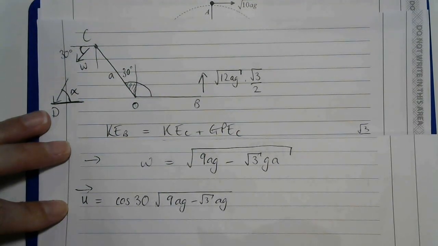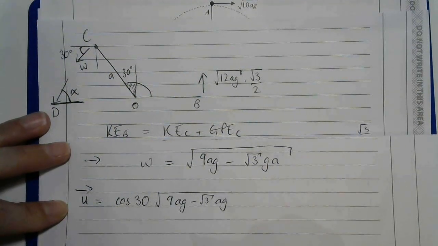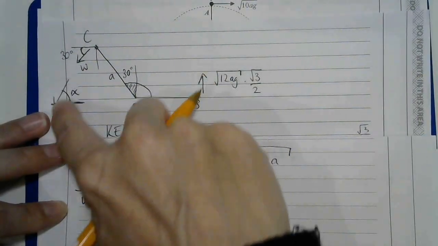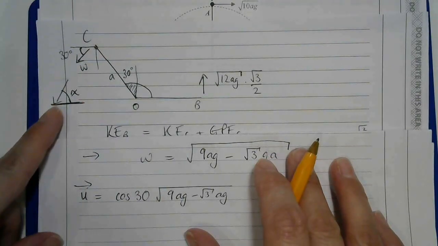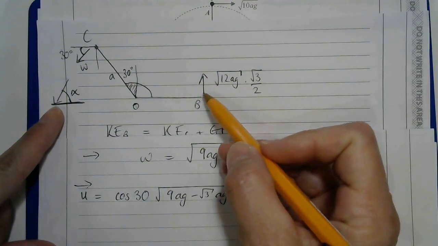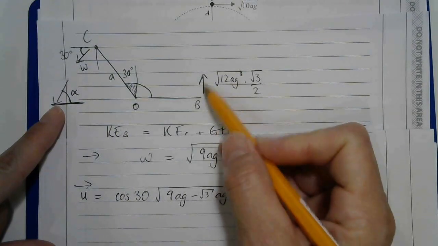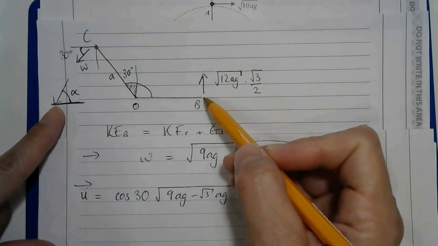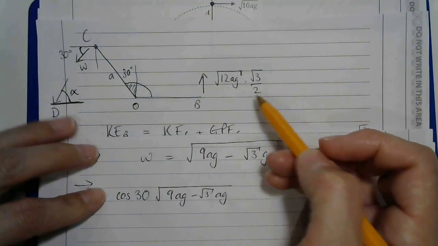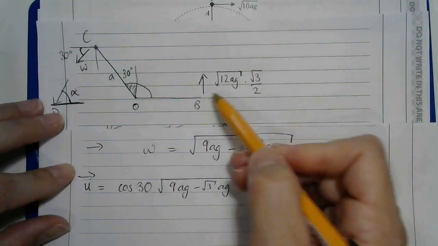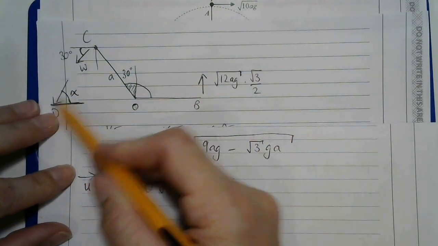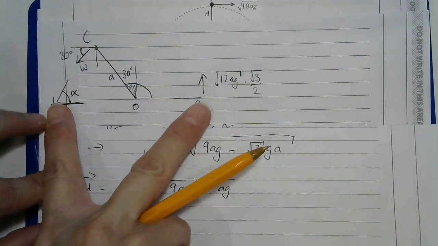And then if I look at the final speed that it hits the ground with here, it is going to be the same as the initial speed here, because if we use energy, then I've got the kinetic energy here and the kinetic energy here, and from here to here there's been no loss of energy.